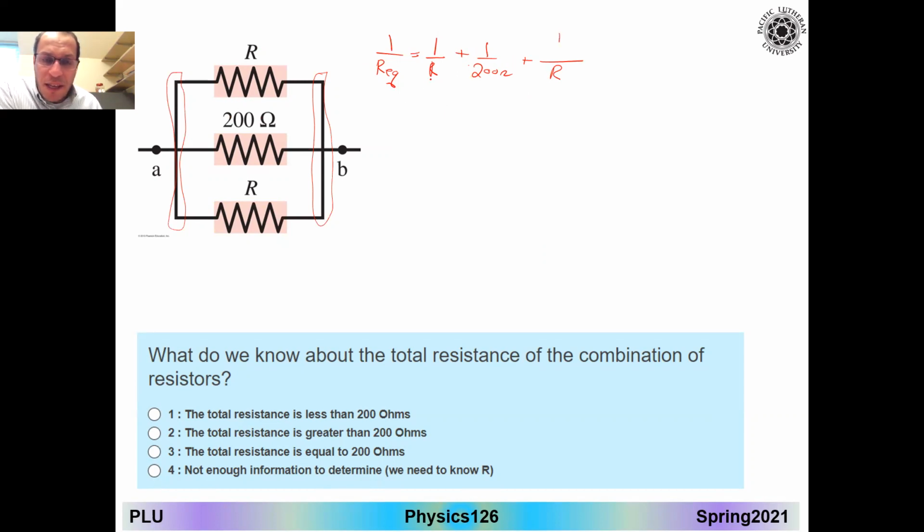So just to make it easy for you to imagine, let's assume R equals 500, for example, 500 ohms. So now I have 500 here and 500 here.